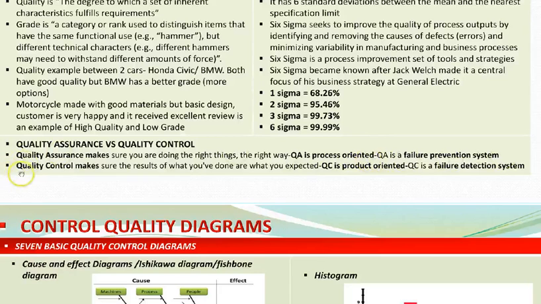And the next process, which is quality control, the one in red in the monitor and control process group. Quality control makes sure the results of what you are doing are what you expected. Quality control is product oriented. Quality control is a failure detection system. So you see the difference between these two?